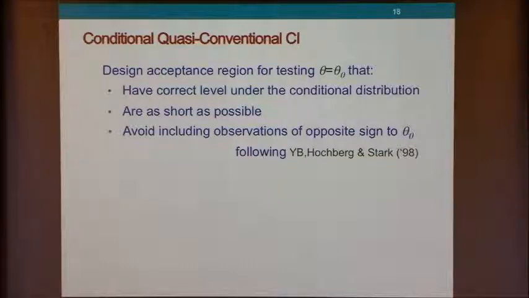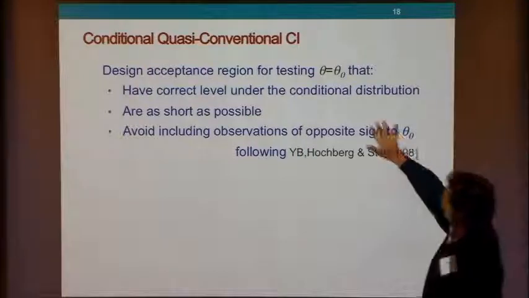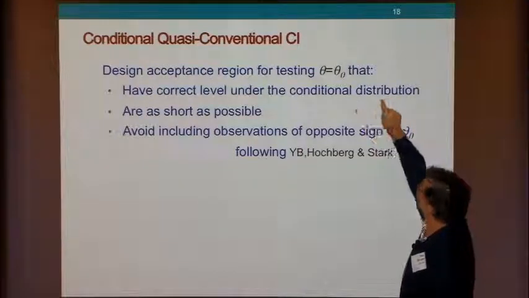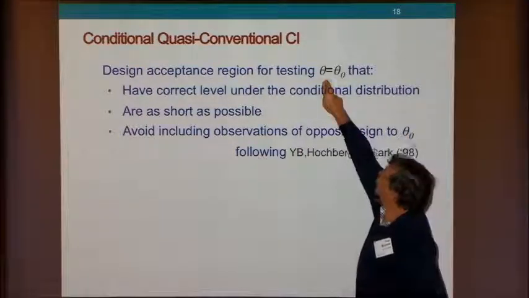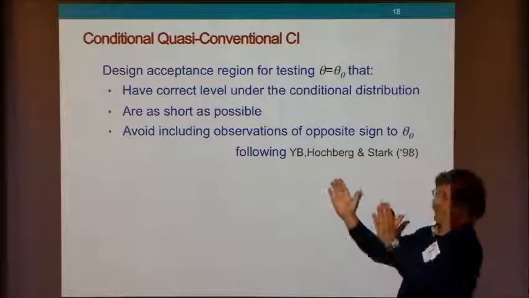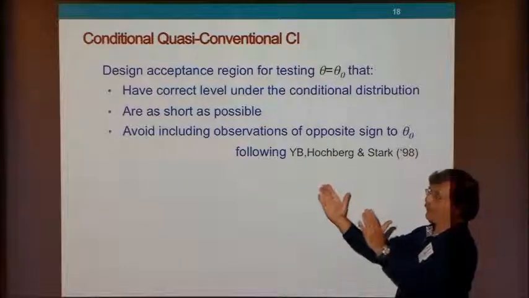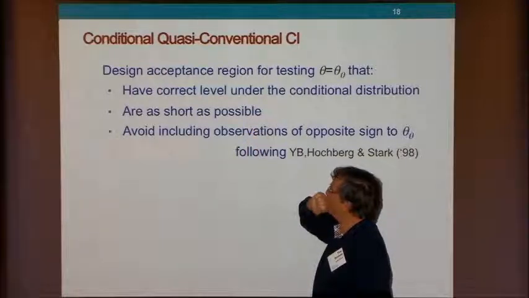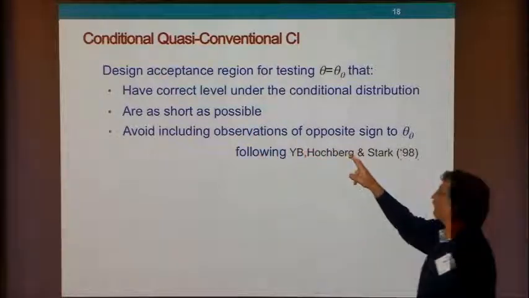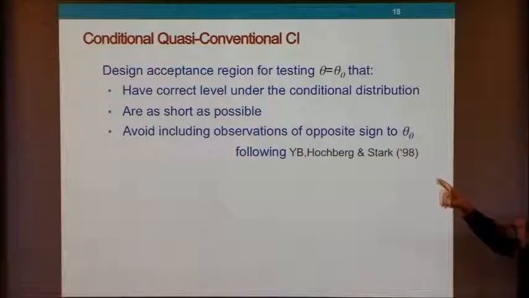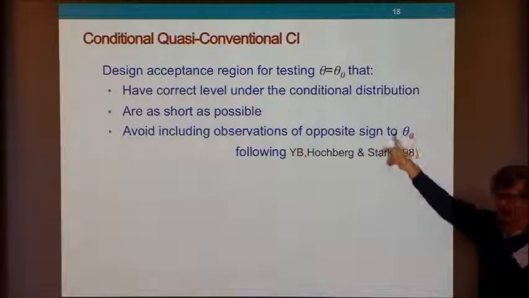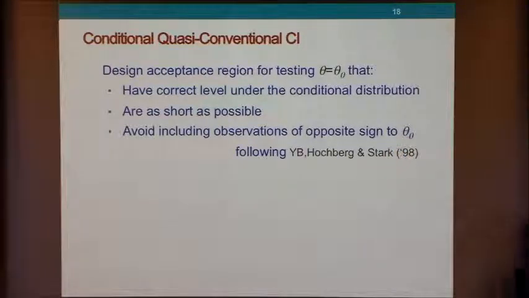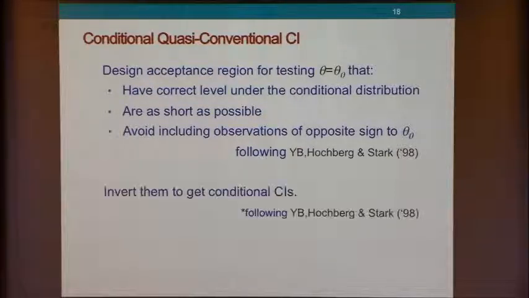We design an acceptance region for testing theta equal theta naught, which have the correct level under the conditional distribution, when theta is the true one, but the condition is plus or minus c. The condition doesn't move, it's theta that moves. They are as short as possible, but they also include avoiding observation of the opposite sign to theta naught. And this is the idea that we've been exploring with my work with Philip for quite a while.